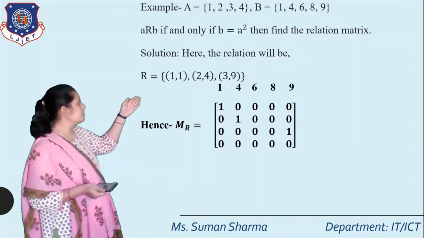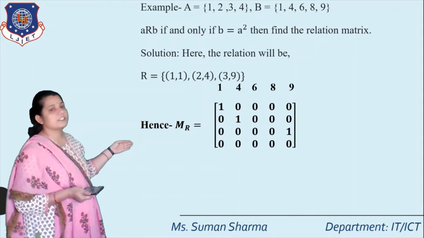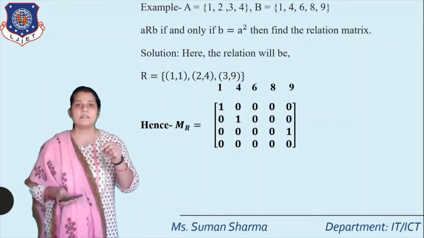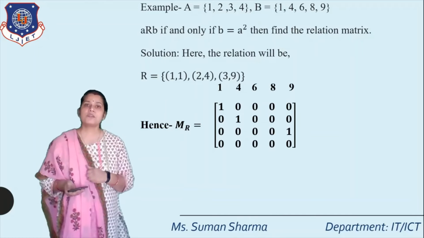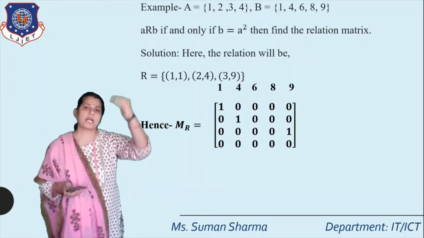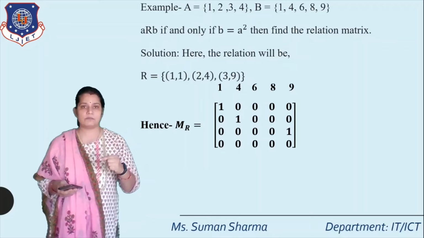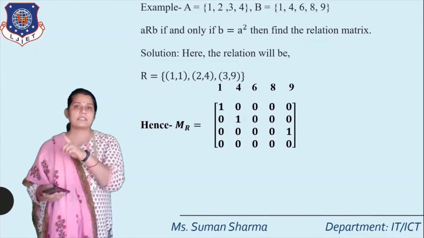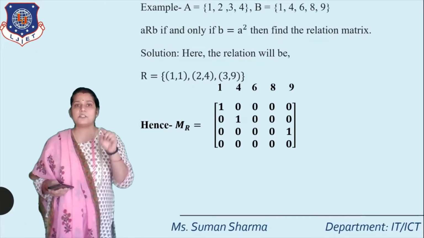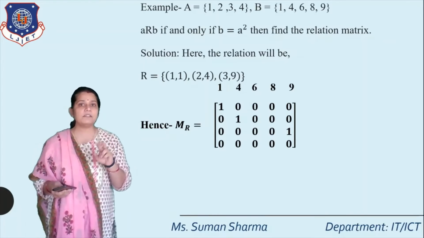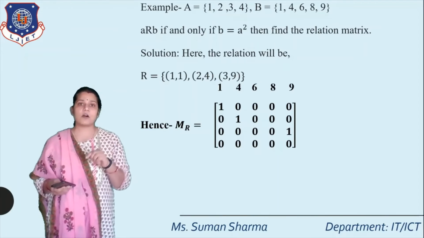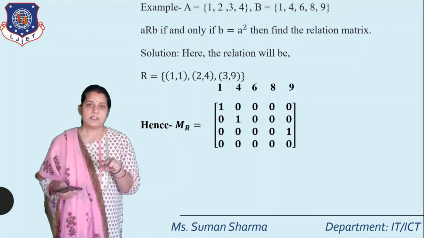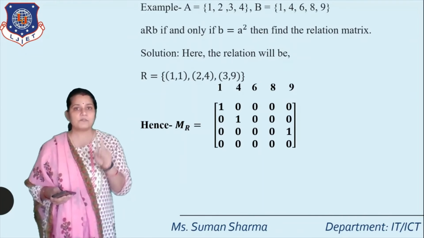Okay. So according to this relation, we make the relation matrix, denoted by capital M. First in the row you write 1, 2, 3, 4, the elements of the set A. According to your column 1, 6, 8, 9. Okay. So check your relation set 1, 1, 2, 4, 3, 9. To check the relation 1, 1, according to 1, 1 you write 1.